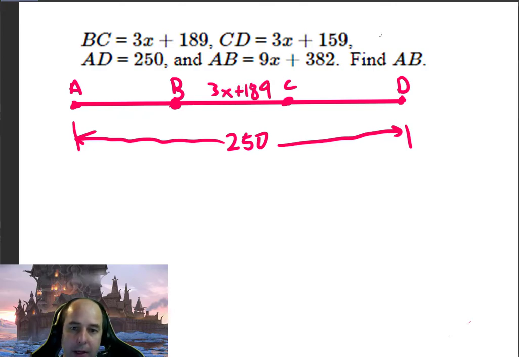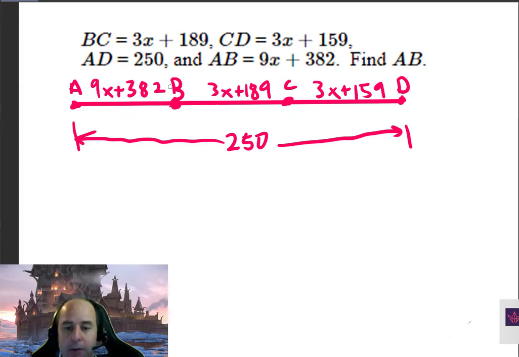We know that CD is 3x plus 159. And we know that AB is 9x plus 382. All right, so once you have all that, let's solve it.